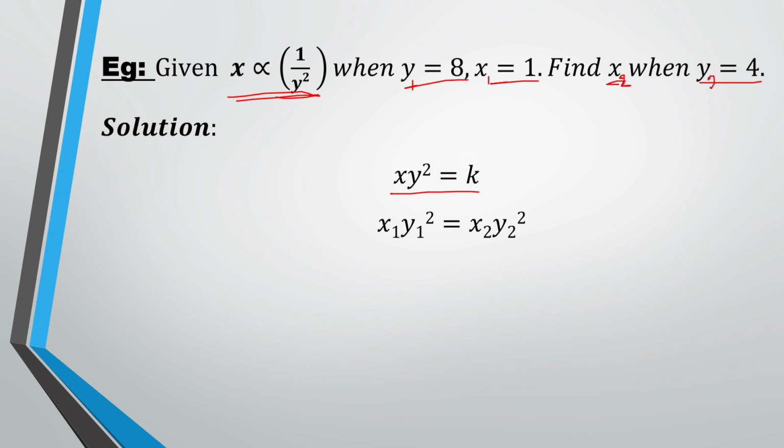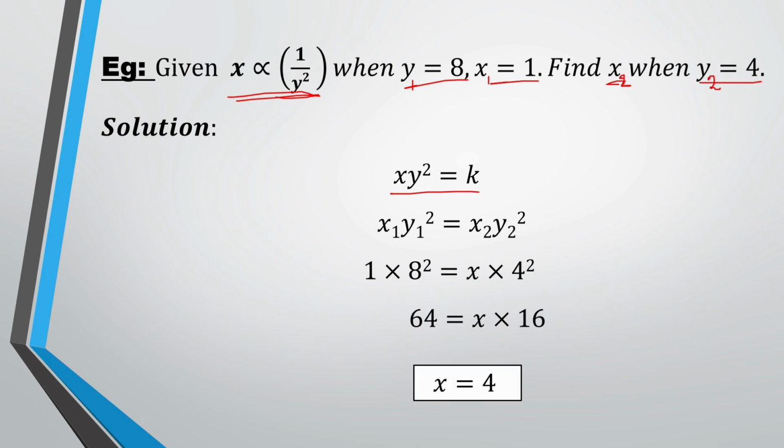Under two conditions, we have the x and y values, we have to find x2. So by placing these values, we get 64 is equal to x into 16, x is equal to 4. That is nothing but the value of x2. So the answer is 4.